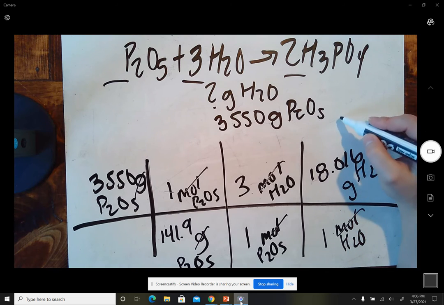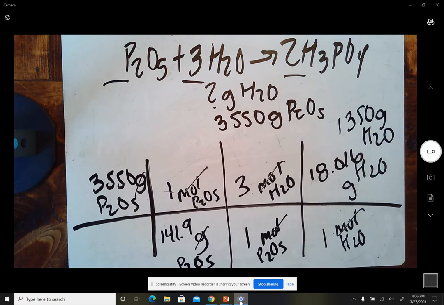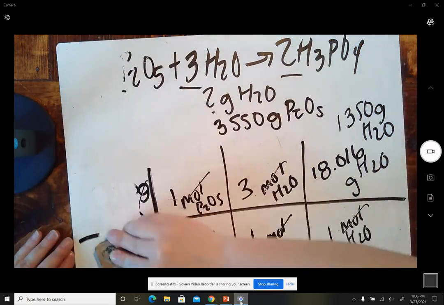You should end up with 1,550 grams of water. That's not too bad, right? All we're doing is taking these conversion factors that we already know, and we are just going to add them all together into one big problem. Let's do another one.